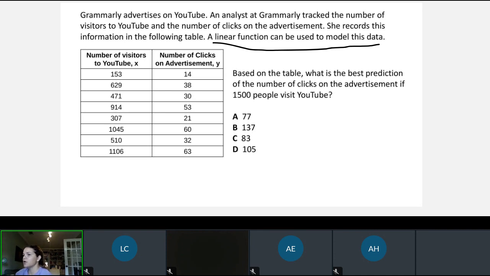Okay, we're going to run a linear regression using this data. So this would be your L1 or X1, your L2 and your X2. And then we're going to plug in 1500 for X. So let's go ahead and run our regression first. So let's put those numbers into our calculator.